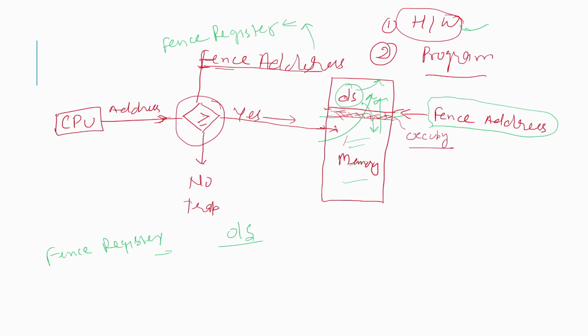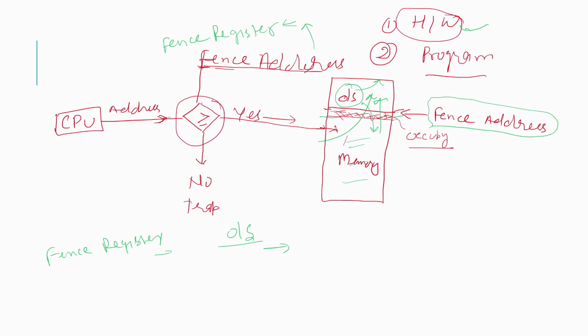So we have to reload this fence address into the fence register. This choice is not given to the user; it is done by the designer, or persons privileged to do that work. So the fence address in the fence register must be updated, and this reloading of the fence register cannot be done by the user.